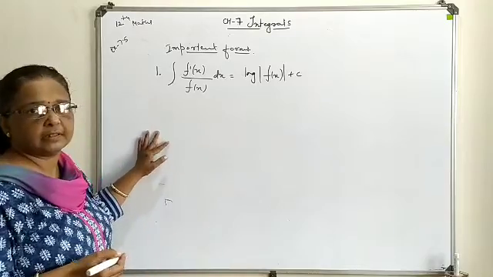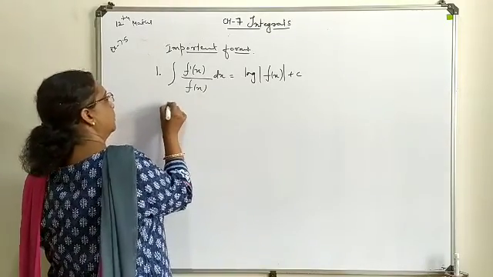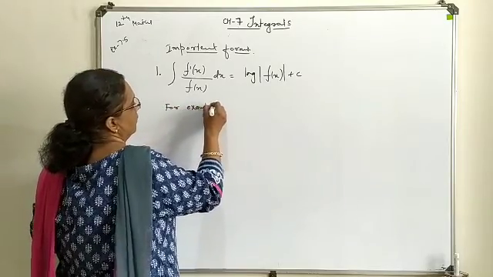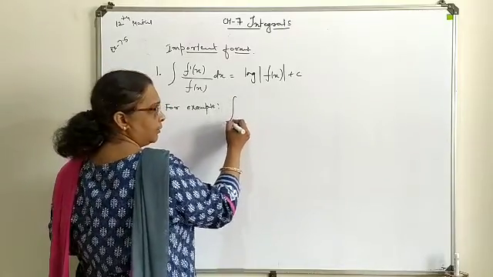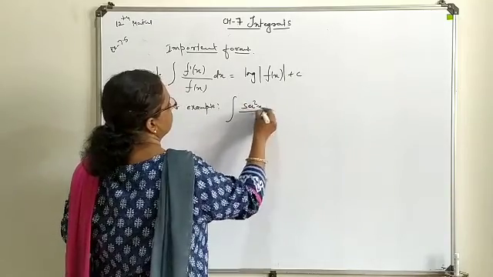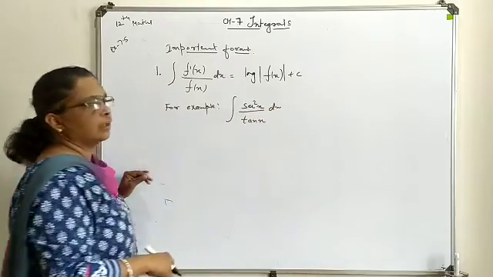For example, we can take one relation. Suppose we are having one term as this combination.